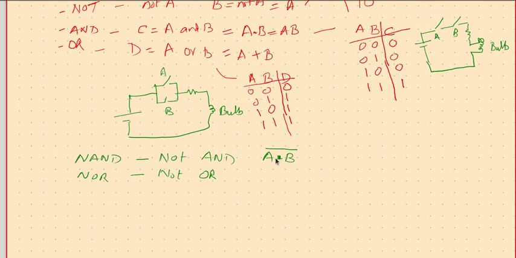So we get (A dot B) bar. And OR was represented by A plus B, read as A or B, and NOR is the complement of that, represented by a bar over it.